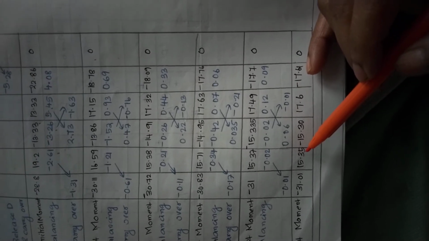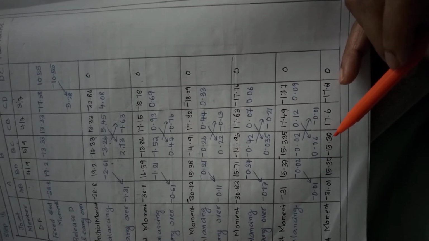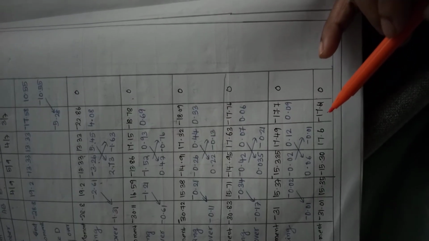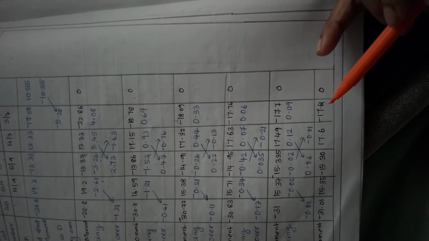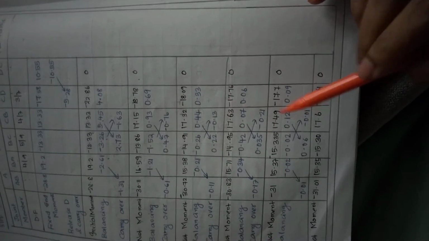That is, at the joint B, the moment is 15.35 for BA and minus 15.30 for BC. So 17.6 and minus 17.61. You should continue the iterations until the moments become equal and opposite in sign. Then stop there. So these are the net values of the moment.